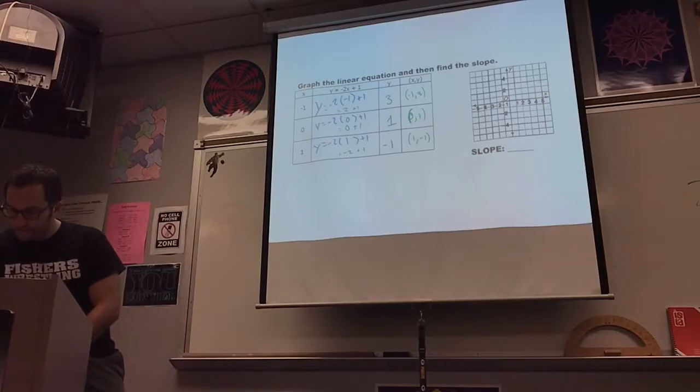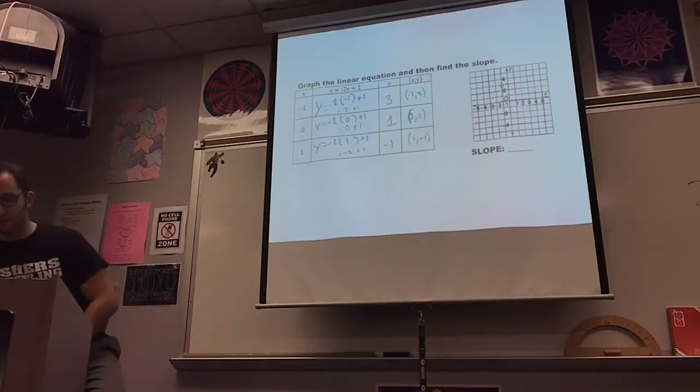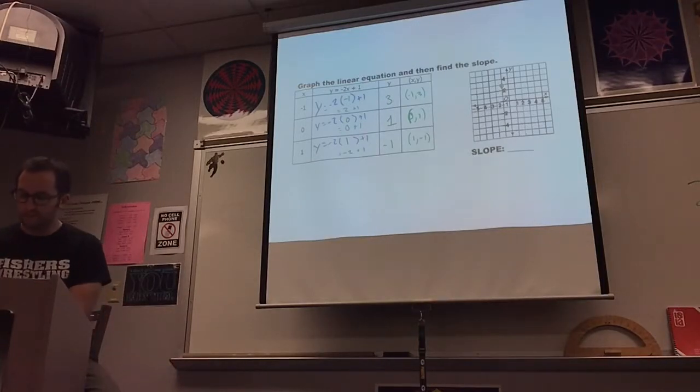Now let's plot those points. Negative 1, 3. Oops, that's in the wrong spot. There we go. Negative 1, 3. 0, 1, and 1, negative 1.